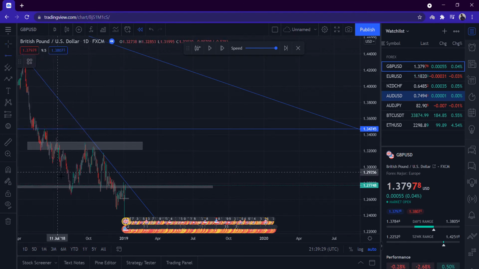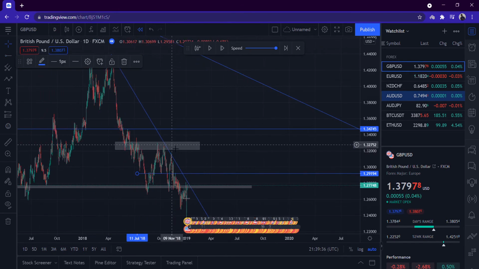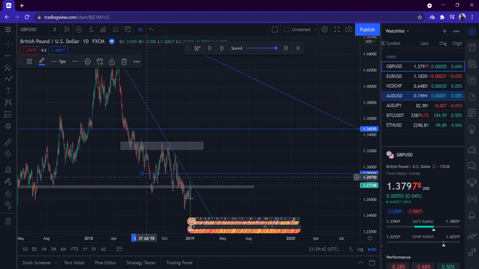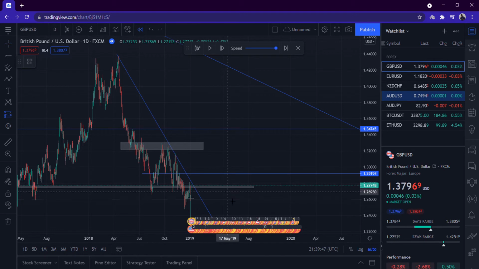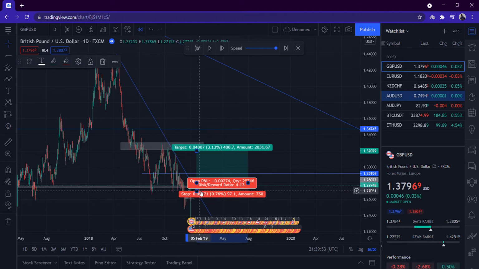Remember, my take profits are based on an area where I expect price to hit earliest. Somebody who's backtesting might say I'm going to take a trade from here to here, but depending on the level of trading you are at and how patient you are, it is possible, but you have to be realistic to yourself.